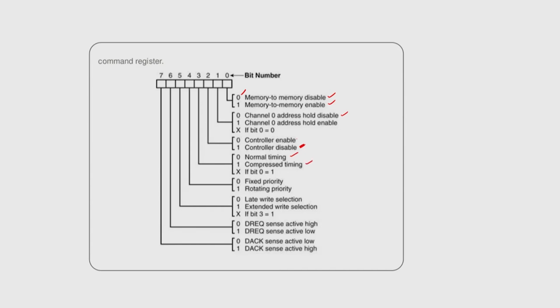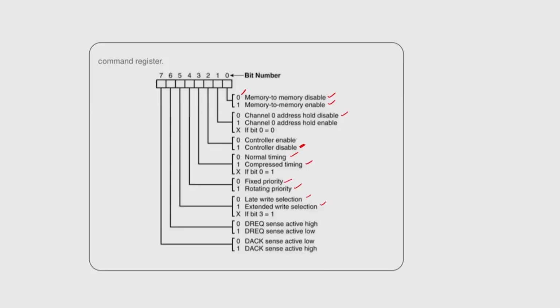As I just told, this can have fixed priority or rotating priority, and this will be decided by this bit. The next bit decides whether it is late write selection or extended write selection. If this is 0, it is late write selection, otherwise extended write selection. This depends upon the speeds of the devices.